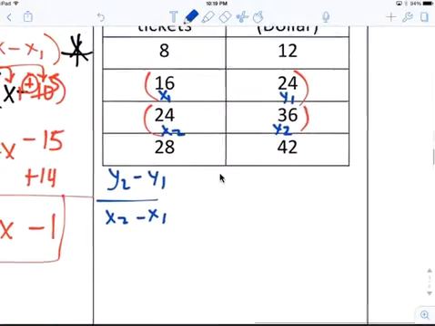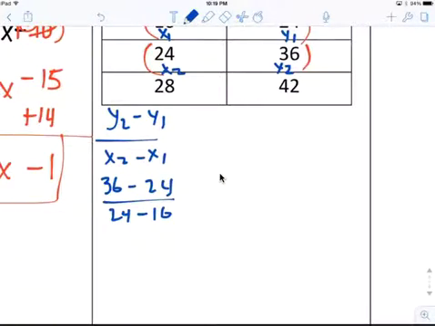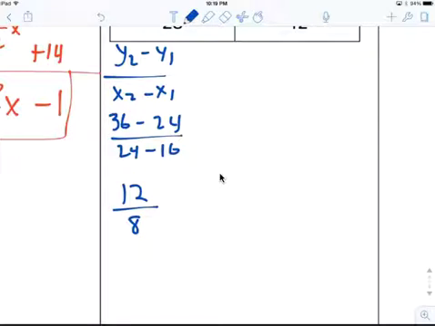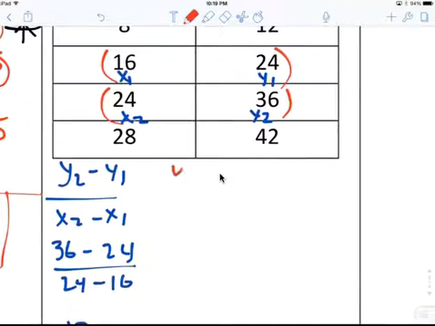That is 36 minus 24 over 24 minus 16. 12 over, what, 8? Which is 3 over 4, right? Divide by 4, yeah, 3 over 2. So my rate of change here, or my m here, or the slope, same thing, my slope is 3 over 2. So now, because I have no y-intercept, I have to use y minus y1 equals m parentheses x minus x1.